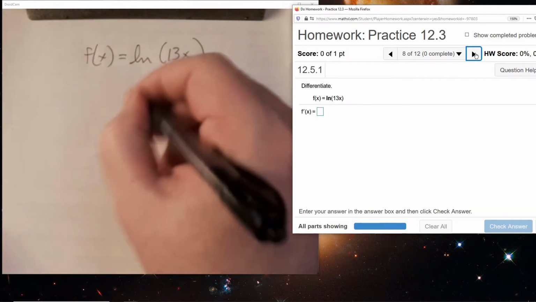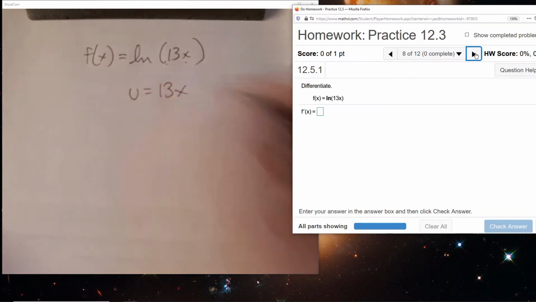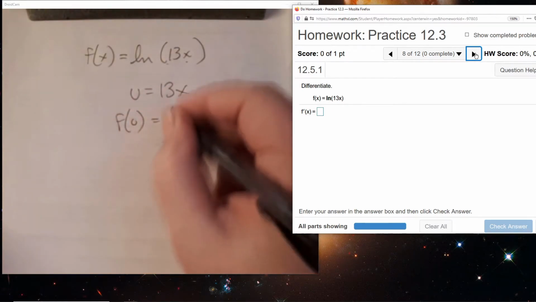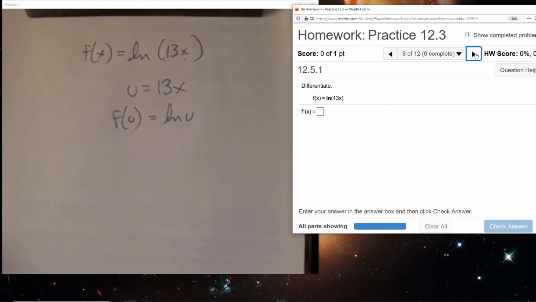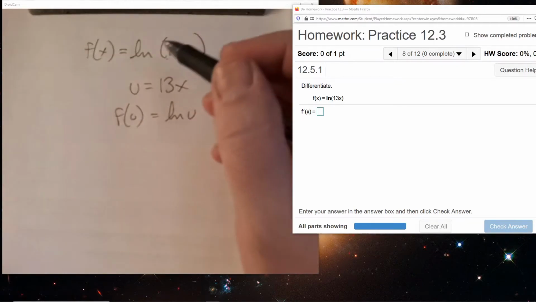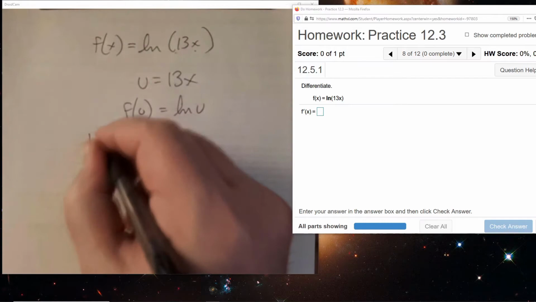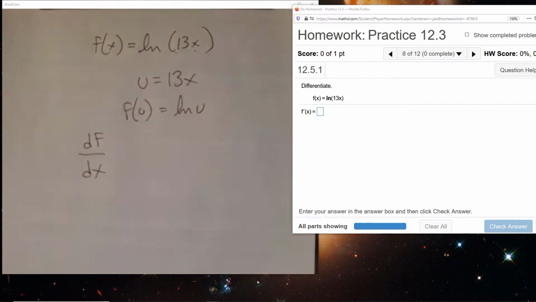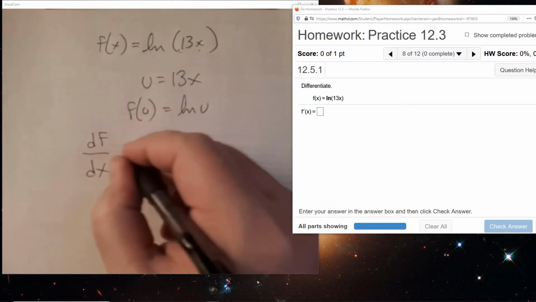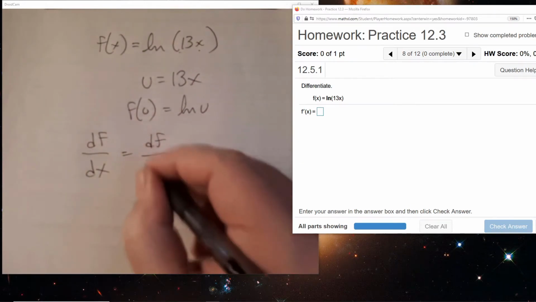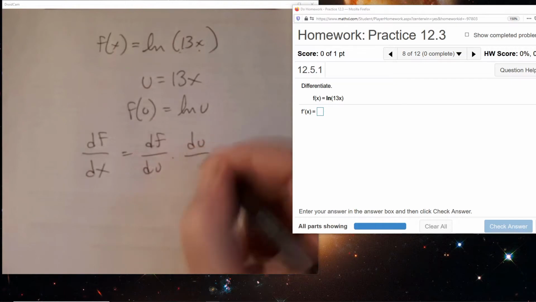We define the inside function as u, which then makes the outer function much simpler. Looking at our letters, we have f and x. So the derivative here is df dx. In terms of the chain rule, this is then df over du, du over dx.